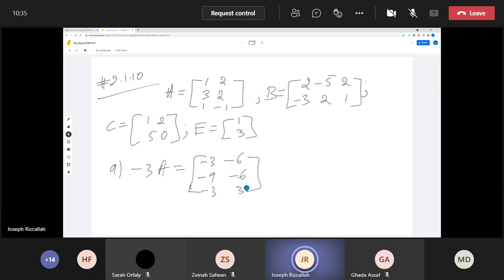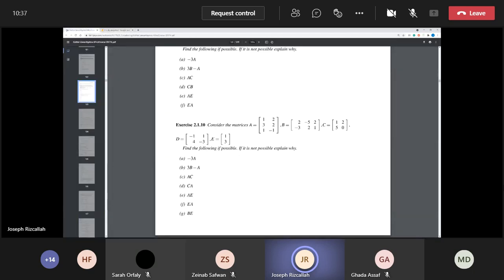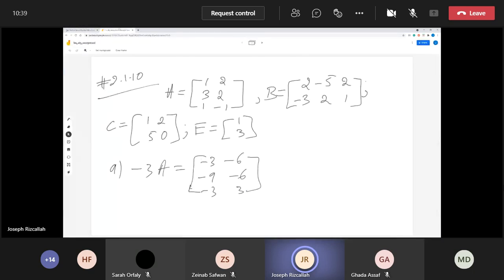The second one is to find 3B minus A. And this is impossible, as you can see, because B and A have different sizes. So this is undefined.